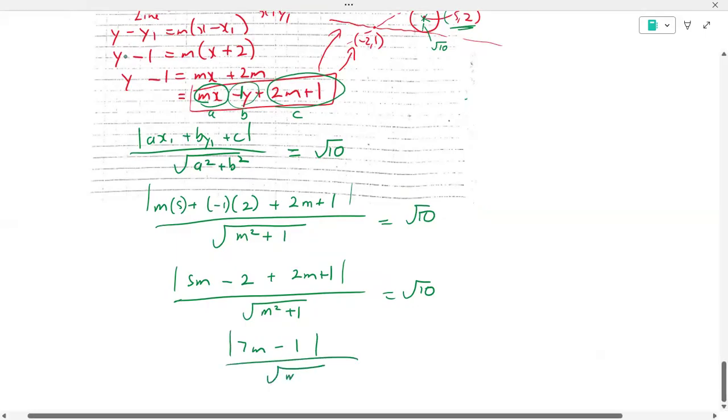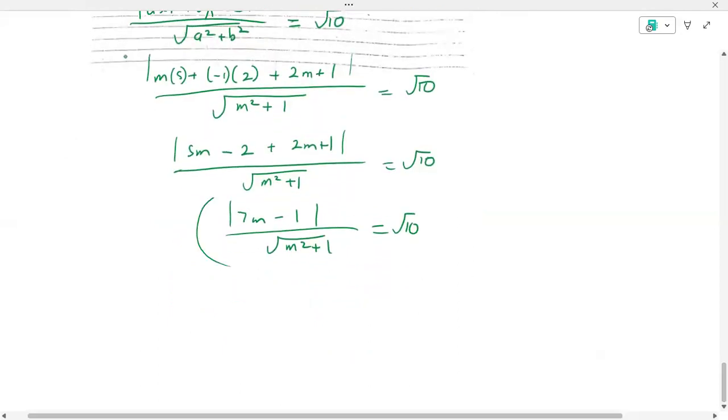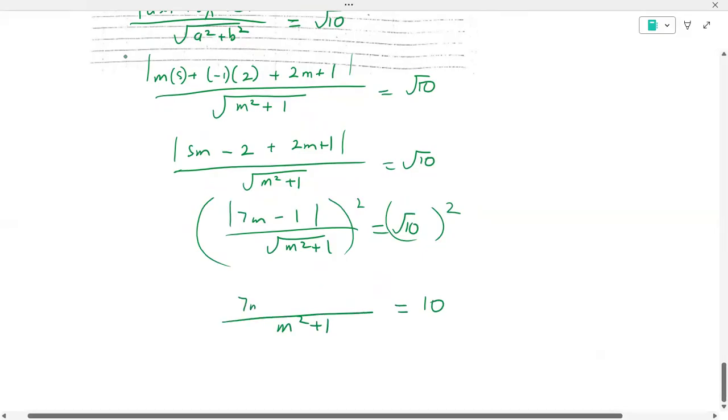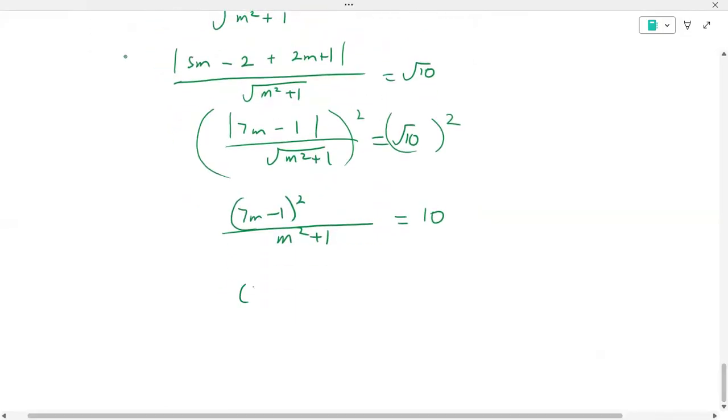Now, because I have a square root on both sides, I need to square both sides. I'm going to square the entire of this side and the entire of this side. The right side becomes 10. On the left, the root of m squared plus 1 just drops out, but the numerator does need to be squared, so I'm going to write it out twice and multiply it out.